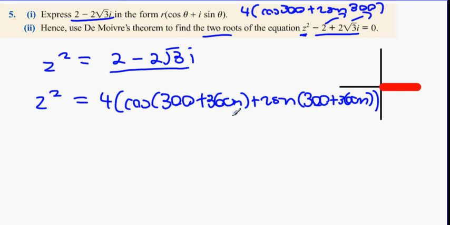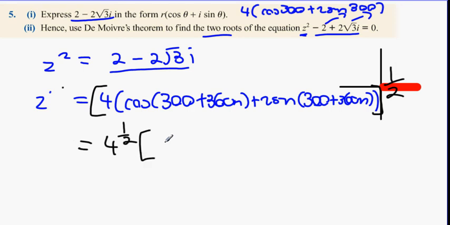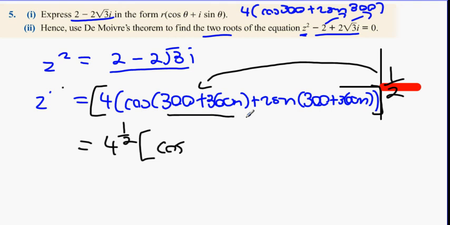So what we're going to do here is use De Moivre's theorem and bring the 2 over the other side. When we bring the 2 over the other side, what we're going to have instead is it's all going to be to the power of a half. Then the half affects the 4, so it's going to be 4 to the power of a half, and then it's going to be cos. Now once again, the half multiplies the angle using De Moivre's theorem, so it's going to be 150 plus 180n.